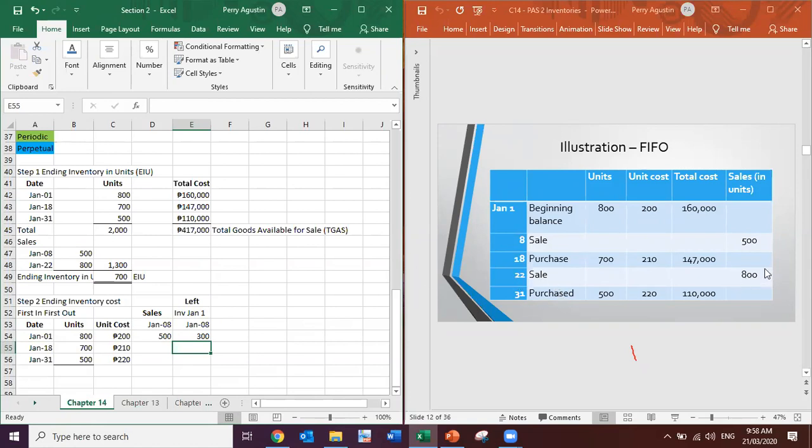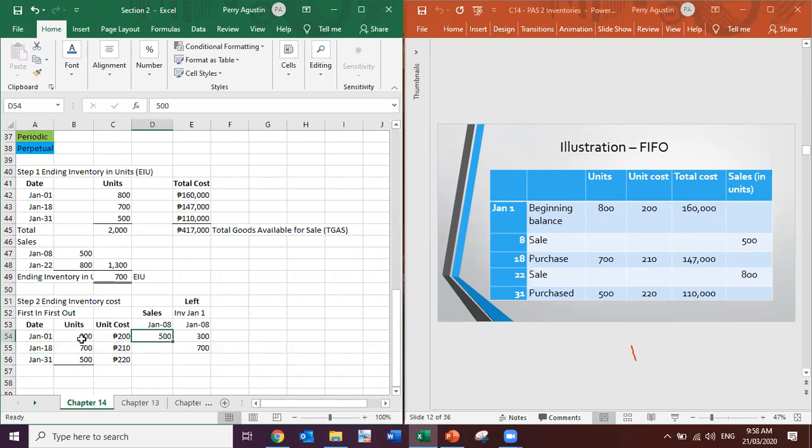So we have sales amounting to 800. So now I'm just going to update what is left. So we want to know what is left. So as of January 8, we still have 300. Okay? And for January 18, how many are left? So what is still left? We still have 700, right? Because the first item that we have sold will be applied first on the first item that we have bought.